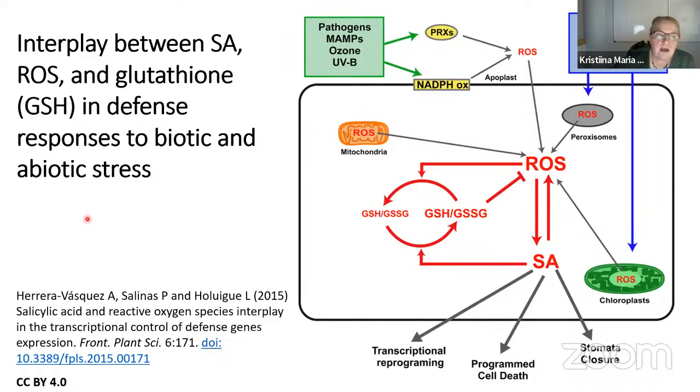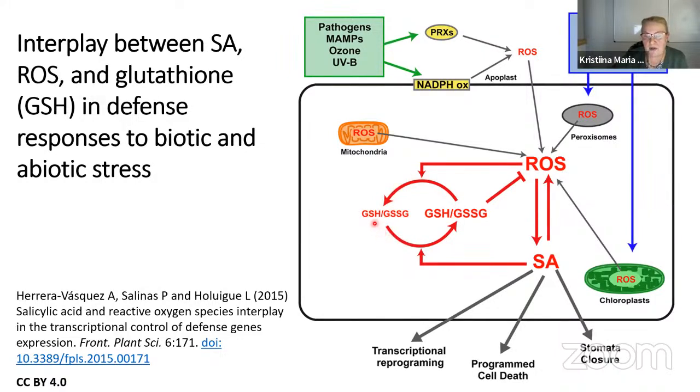So there are very complicated interactions in the plant cell during these ROS and salicylic acid dependent immune reactions. But this is a schematic presentation, a simple one, telling that when we have ROS and salicylic acid activated, and ROS produced in different subcellular localizations, we of course have consequences from the ROS to the antioxidants.